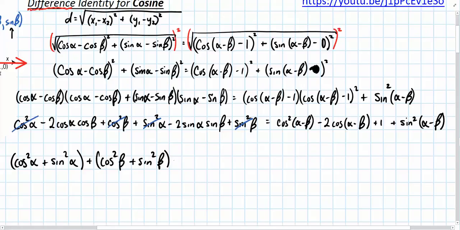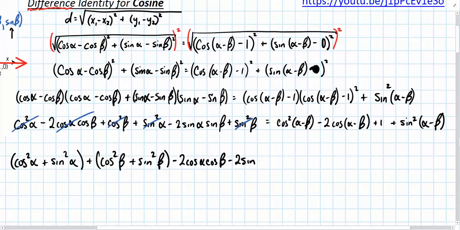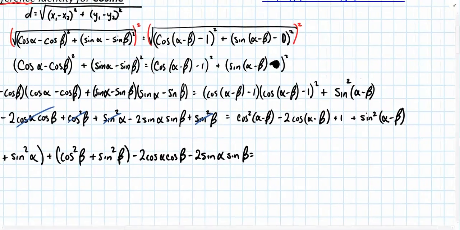I still have left over this minus 2 cosine alpha cosine beta, and I also, see, I just used that piece, so I also have this one here, minus 2 sine alpha sine beta. So that's the left side of the equation just rearranged and cleaned up a little bit.